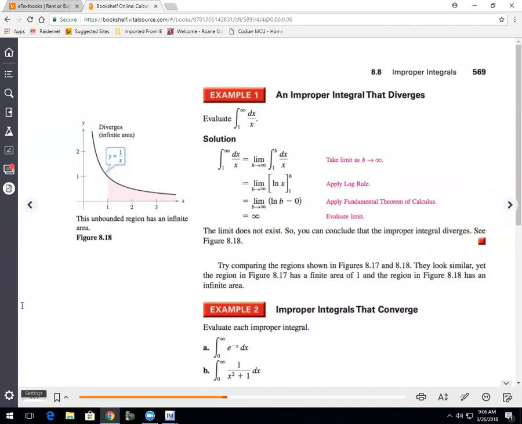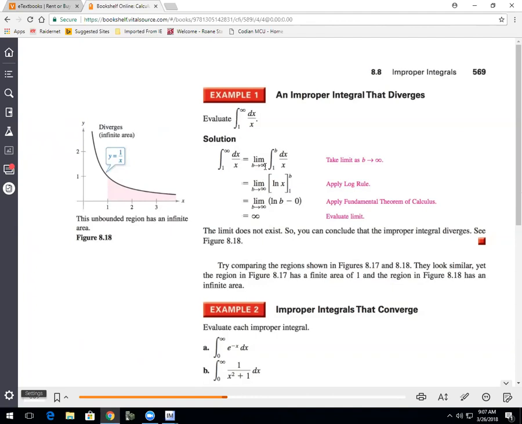But when I looked at that figure 8.18 on page 567, it makes sense to me that if I'm integrating 1 over x from 1 to infinity, that area to the right is going to go on forever. The graph of y equals 1 over x keeps getting closer and closer to the x-axis forever. So that pink would go on forever, just getting shorter and shorter.